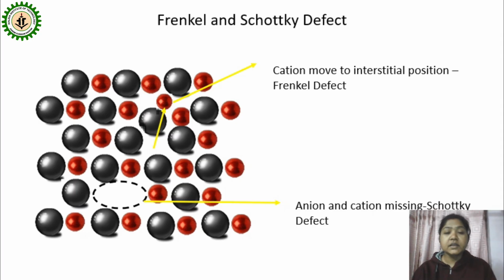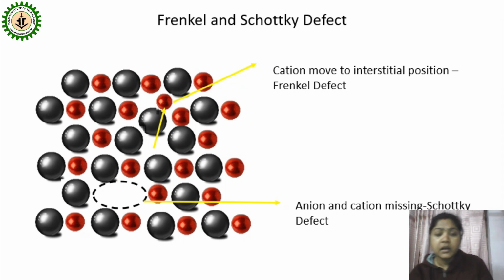That's why the radius of the anion is much larger than the cation. You can see here one structure is given to you, where the black color is anion and the red color is cation.